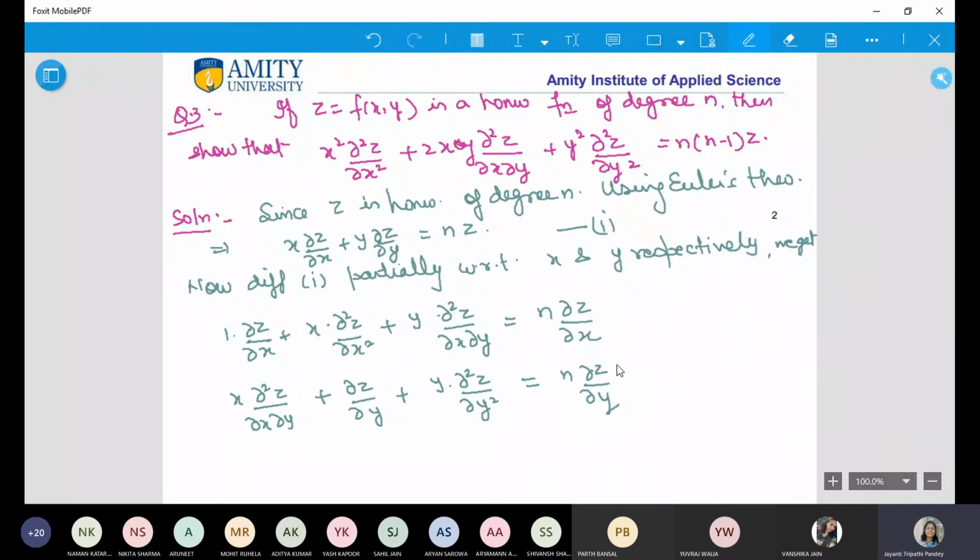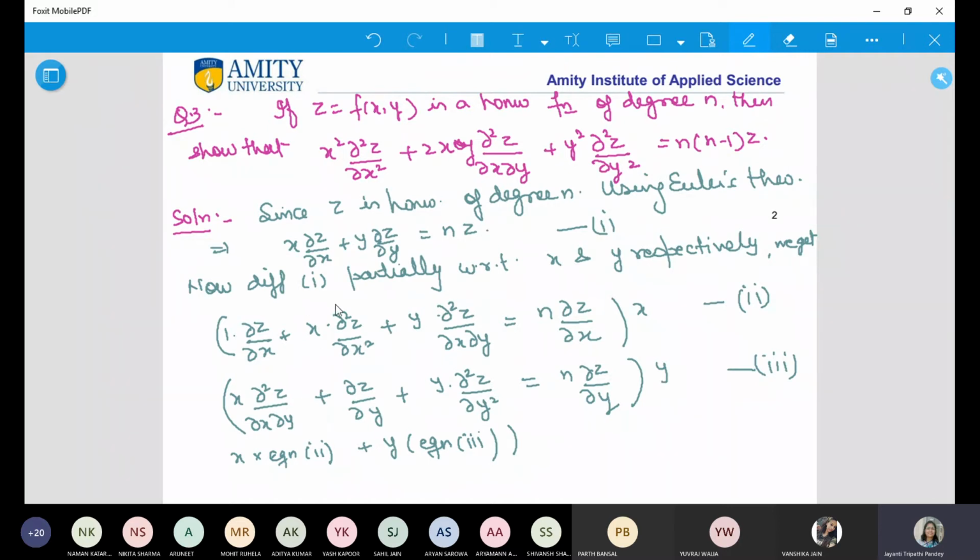Now multiply this by x and multiply this by y and add. If I mark this as 2 and this as 3, we are doing x into equation 2 plus y into equation 3. We are collecting similar terms.